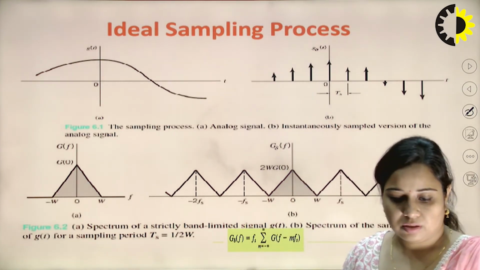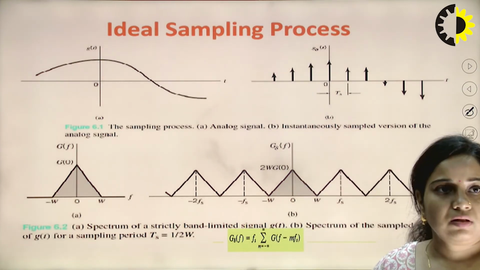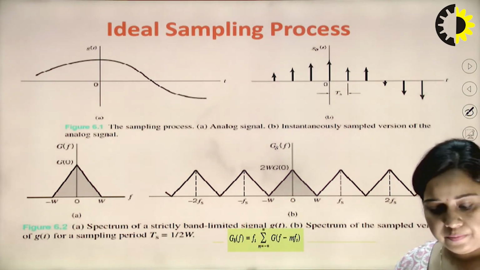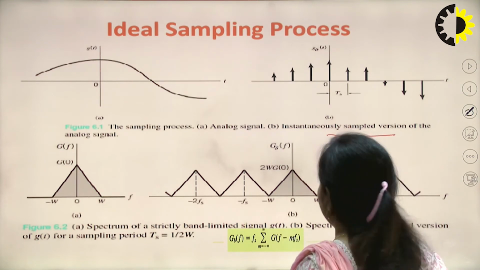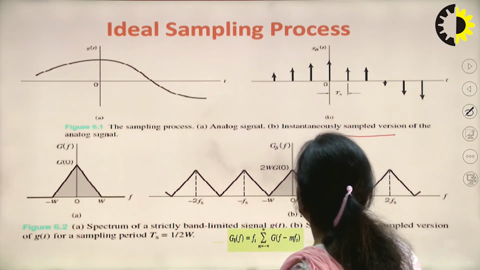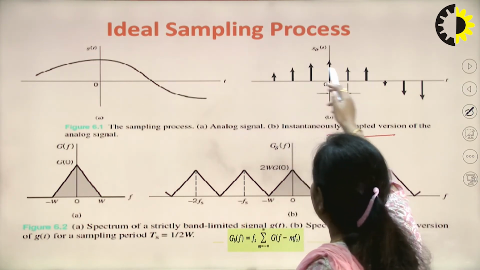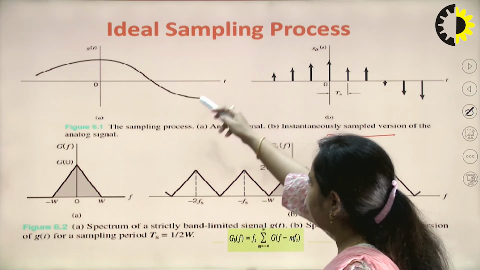Now this is the sampling process: this is the analog signal, and this is the instantaneously sampled version of the analog signal. This equation is multiplied by this one.